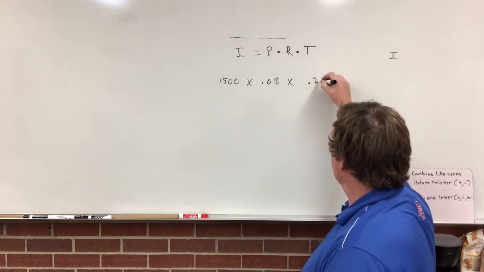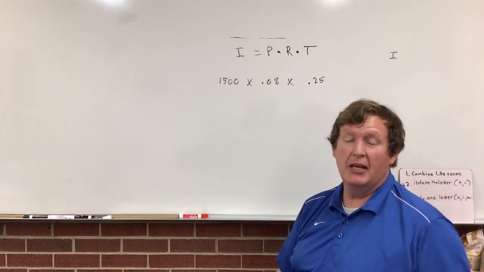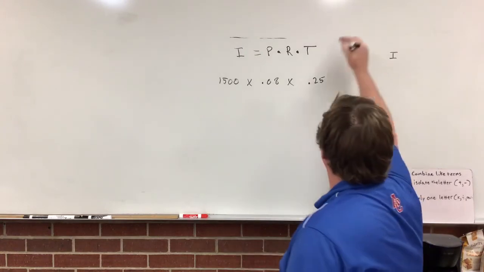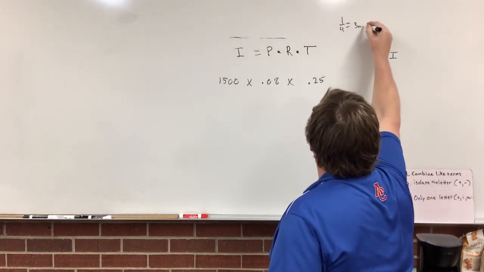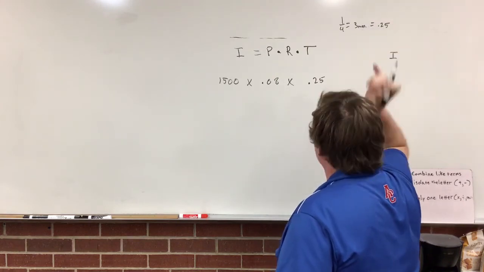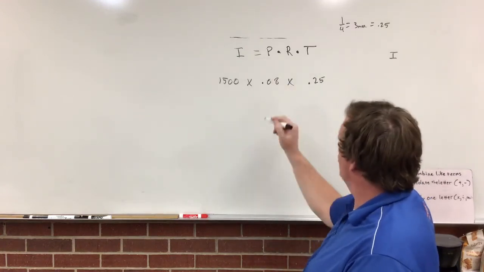So a quarterly compound would be 0.25. And 6 months means for every quarter of a year, that's worth 3 months. You remember that? 1/4 equals 3 months equals 0.25.